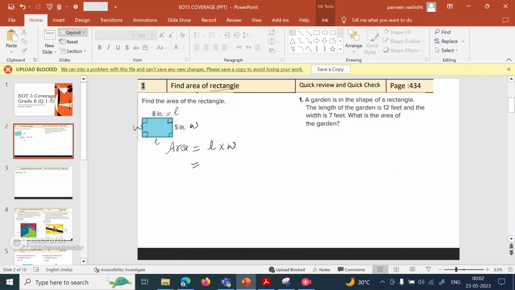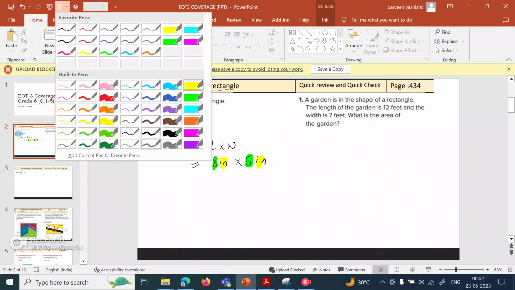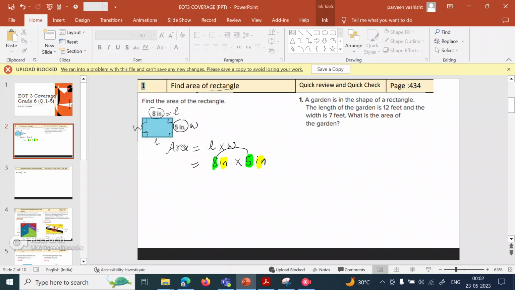In this case, what is my length given to me? It's 8 inches, and what is my width given to me? It's 5 inches. So students, don't forget to multiply number with number and unit with unit, inches with inches. 8 times 5 is 40, and inches multiplied by inches is inches square.